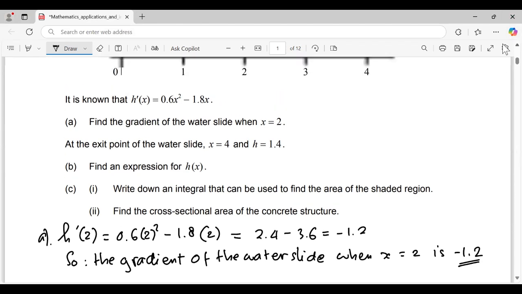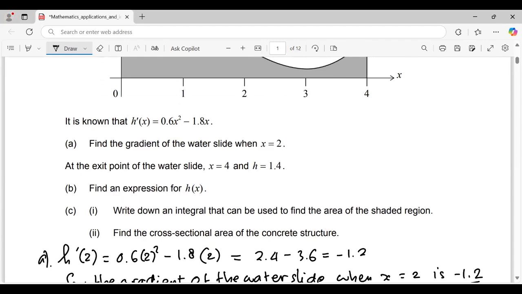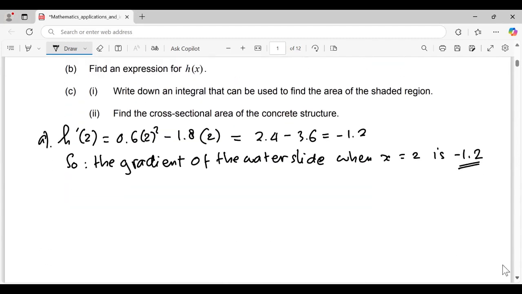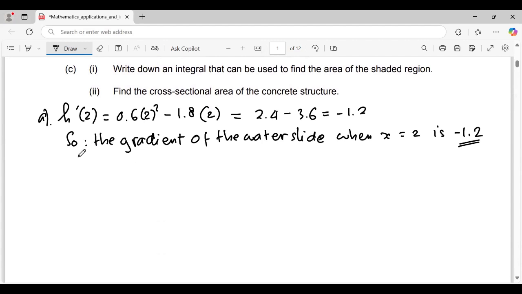Next, find an expression for h(x). We need to find h(x). It means integral of derivative h'(x). So h(x) equals integral of h'(x) dx.